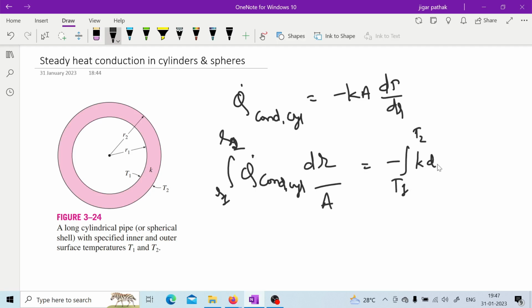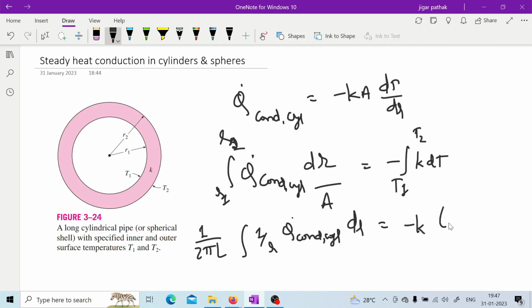Now A in this case is 2 pi RL, so it will be 1 upon 2 pi L times 1 upon R, and Q conduction for cylinder dr equals minus K (T2 minus T1).